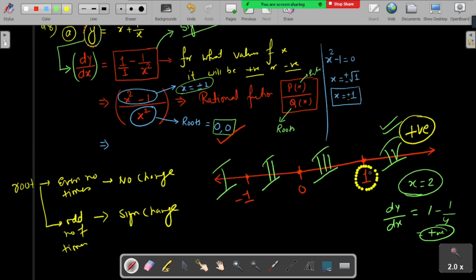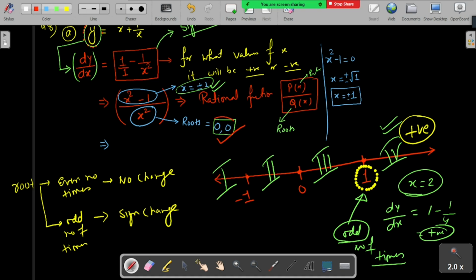See, can you tell me 1 is coming how many times? Odd number of times or even number of times? 1 is coming only one time, so it's odd. By odd number of times I mean repetitions.